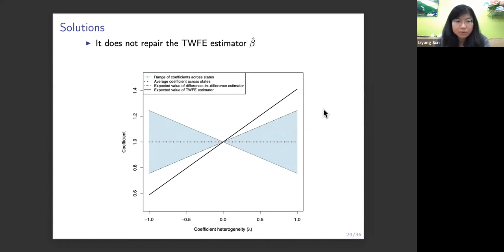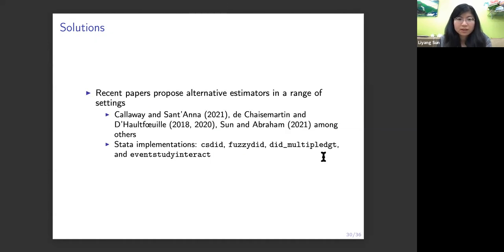For the numerical example, we show that even if we add a totally unaffected state to the sample, the two-way fixed effects estimator will still remain centered outside the range of the true coefficients beta S. And this is consistent with what recent papers have proposed: instead of trying to fix the two-way fixed effects estimator, these papers propose difference in differences style estimators as an alternative that works better under heterogeneous treatment effects.